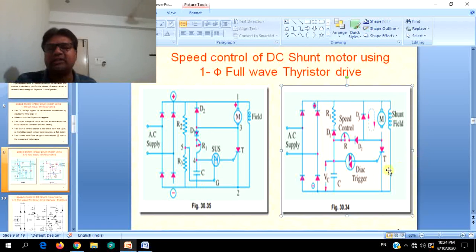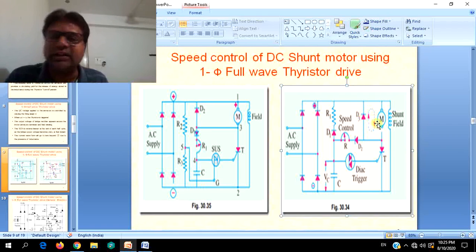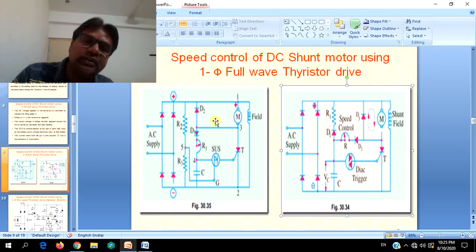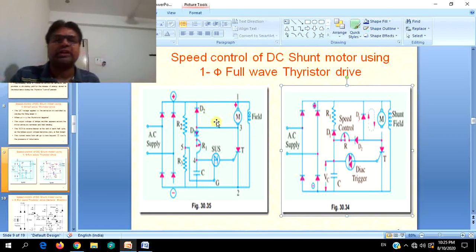Thus, in every half cycle, the SCR will be triggered and it gets turned off at the immediate zero crossing, from 0 to alpha and pi plus alpha. During that period, the energy stored due to the armature inductance will freewheel through diode D3 in this circuit, and through diode D2 in the other circuit.